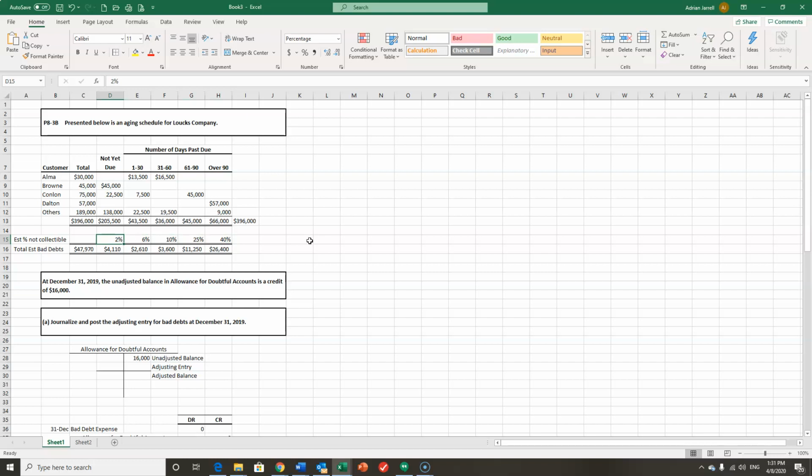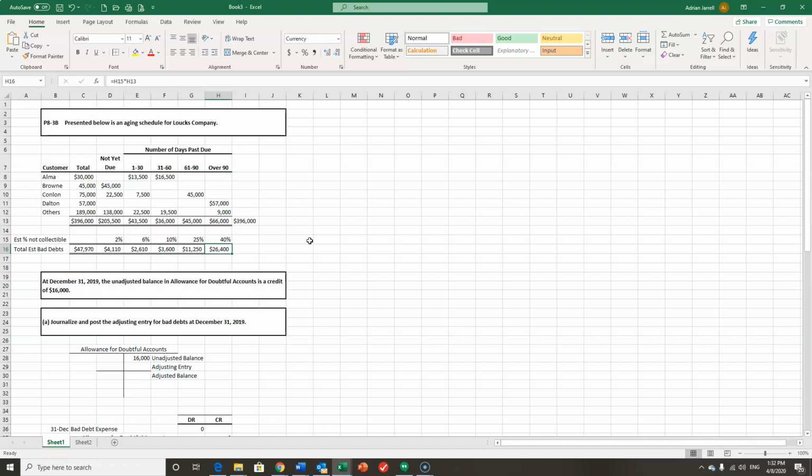Simply multiply the total of the column, 205,500 current, not yet due, times 2% gives you $4,110. In the next column, 43,500 times 6% gives you an estimated amount not collectible of 2,610.